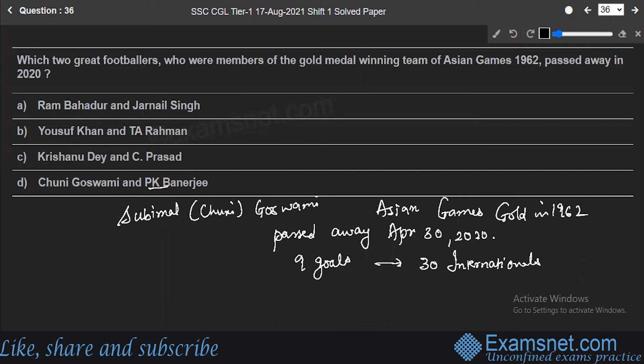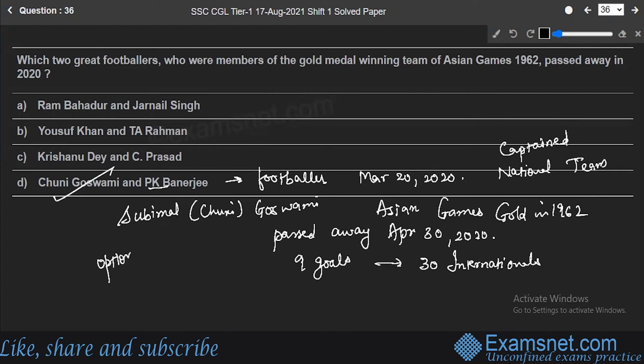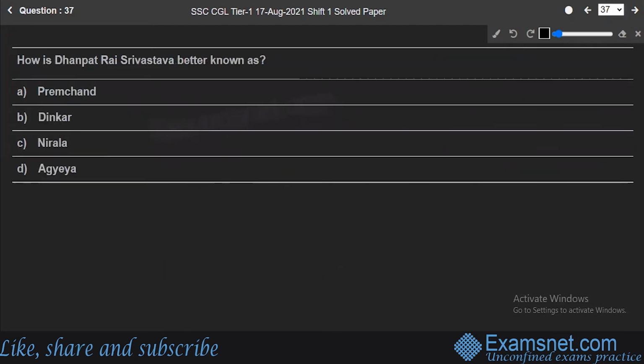He was the first Indian professional footballer who played as a striker for the India national football team, and he passed away on March 20, 2020. He also captained the national team and later on became the coach of the national team. So option D, Chunni Goswami and PK Banerjee is the answer to the question. Hope you are clear. Next, question number 37.